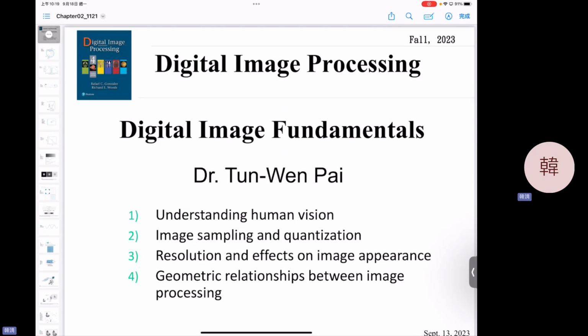For example, we have 256 grade levels for one pixel. We also can have a binary image with only two grade levels, 0 and 1. So different intensity levels also have different resolution. We are going to discuss the resolution and its effect on image appearance.